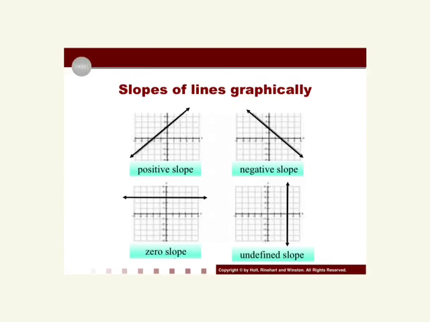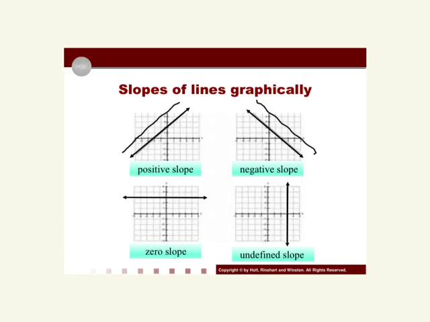Now here's what some slopes look like graphically. Our positive slope goes from our lower left to our upper right, or it moves upward. And our negative slope goes from our upper left to our lower right, or it moves downward.